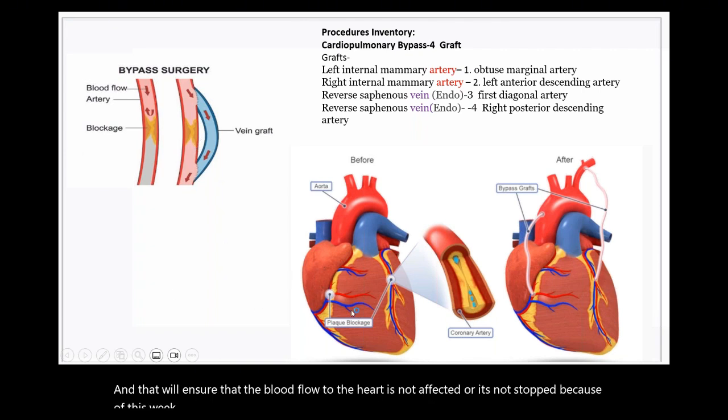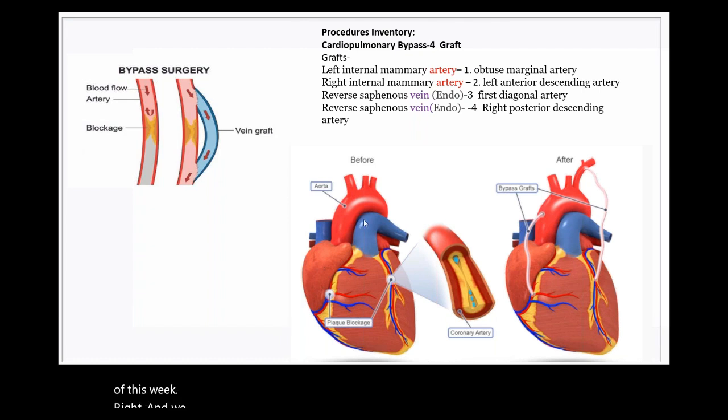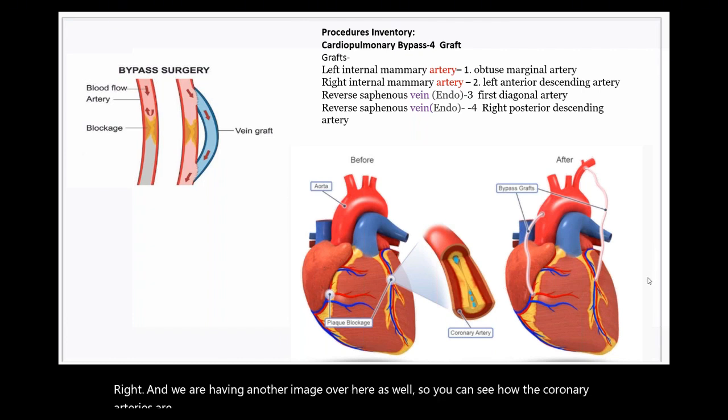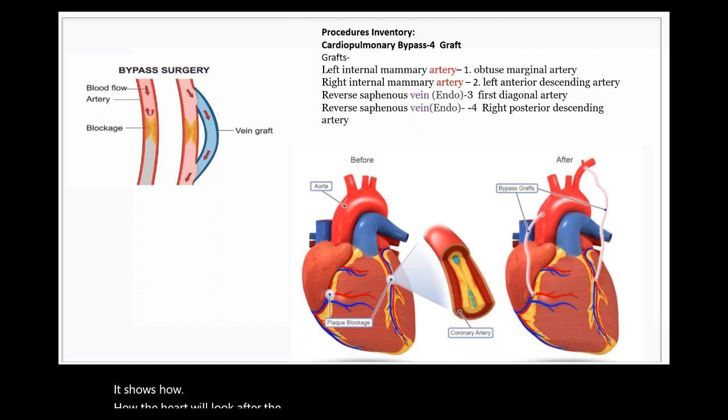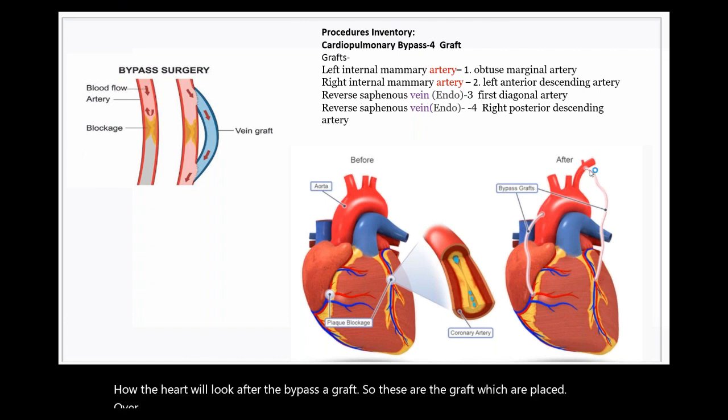We have another image over here as well, so you can see how the coronary arteries are narrowed and how it is difficult for the blood to flow. The after image shows how the heart will look after the bypass graft. So these are the grafts which are placed over here, and that will ensure the blood flow.